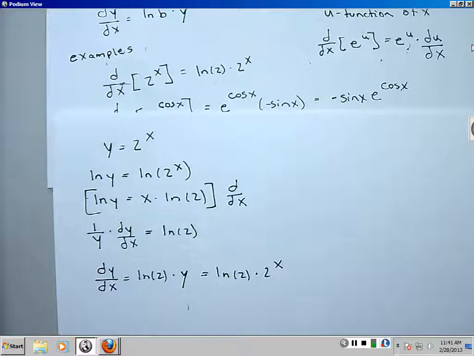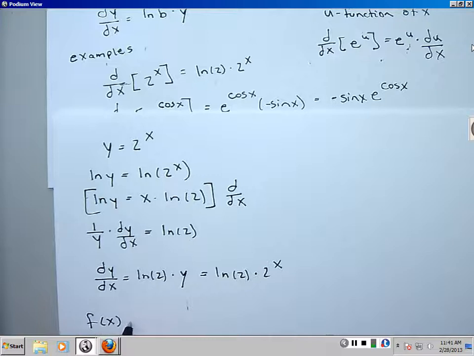Okay, so when we have an example of a function that's u to the v power, where u and v are non-constant functions, you're going to use logarithmic differentiation.